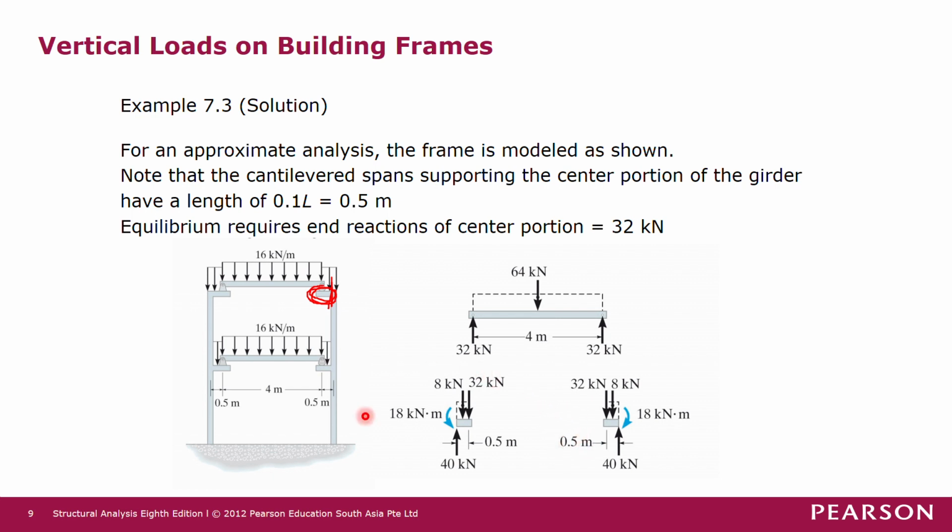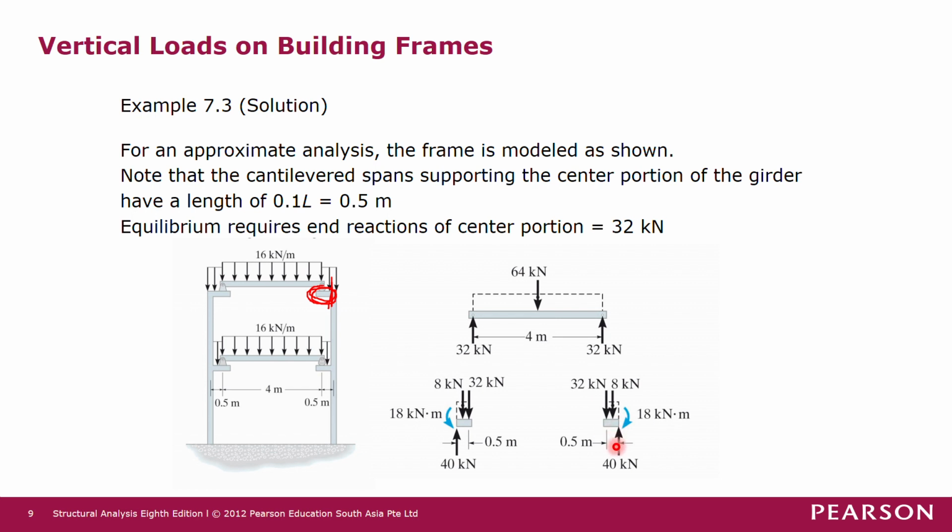This cantilever beam here also supports part of the uniformly distributed load, the UDL here. Don't look at this 8 kilonewton first. We start with the uniform force here, a UDL, which is 16 kilonewton per meter.